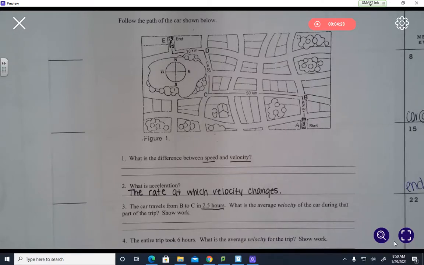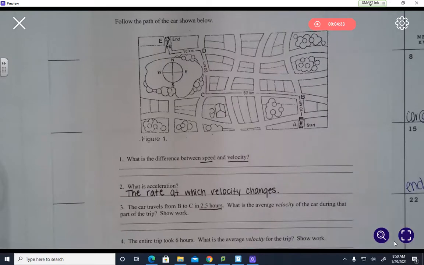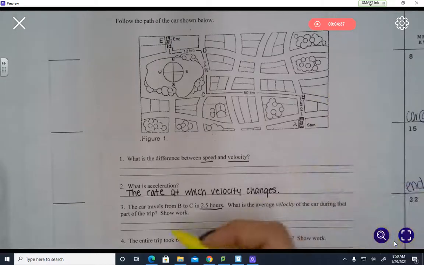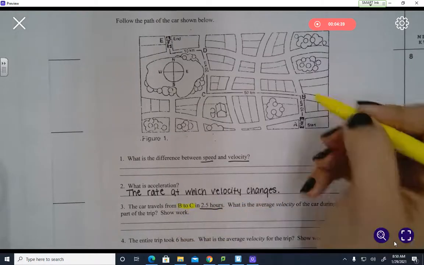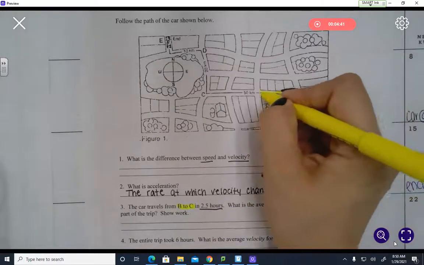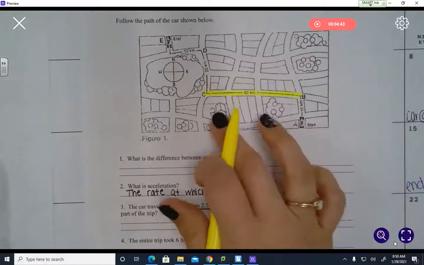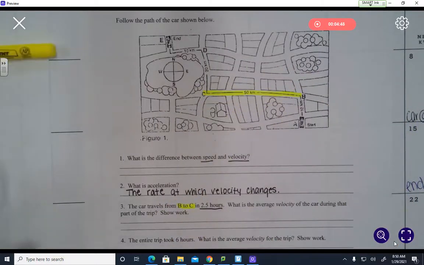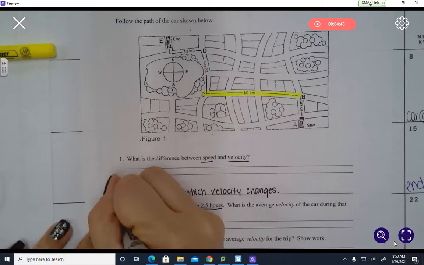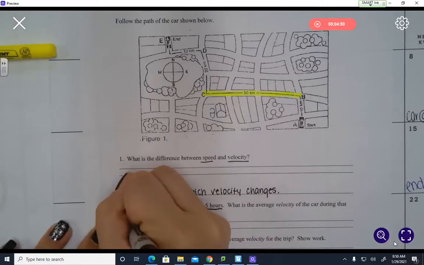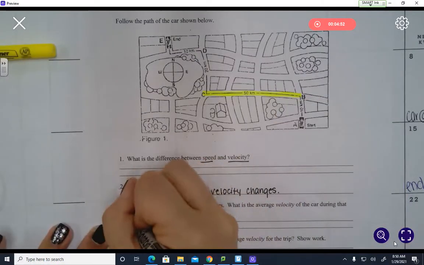Okay. So what I'm going to do is I'm going to take my highlighter and I'm going to highlight from point B to C, just so we know how far we're going. So we're going from there to there, B to C. So my distance I'm traveling is 50 kilometers.